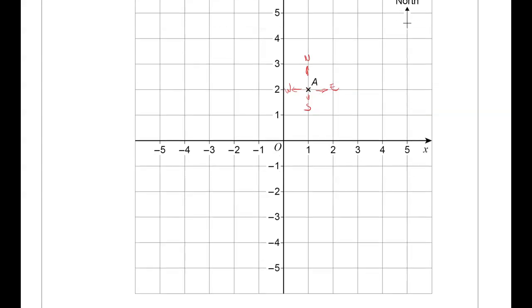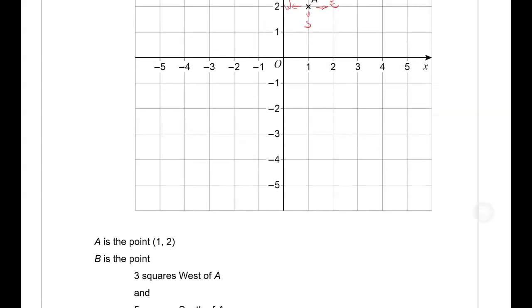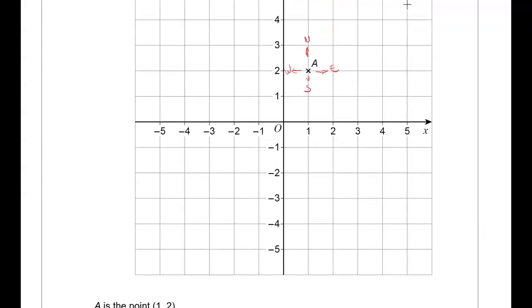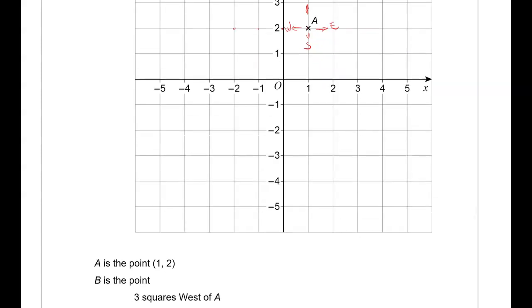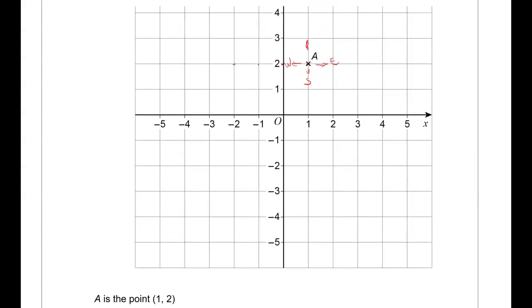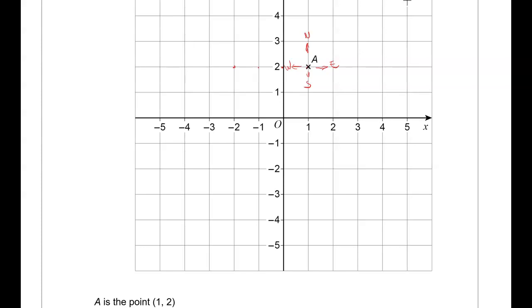So as we said, that was 3 squares west of A. So there is 1, 2, 3, and then 5 squares south of A. So we're going to go from that point south, 1, 2, 3, 4, 5.